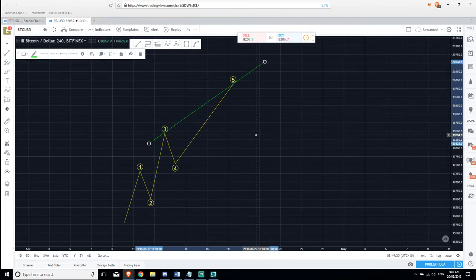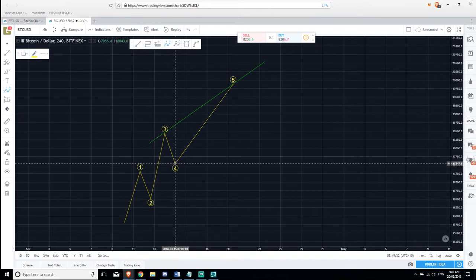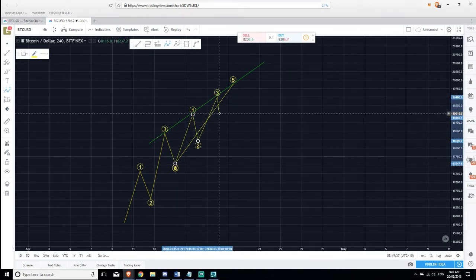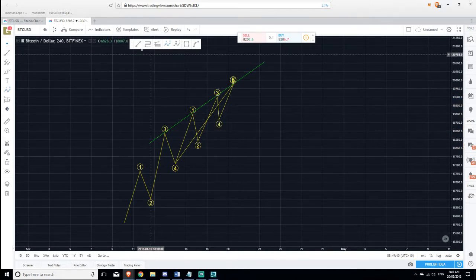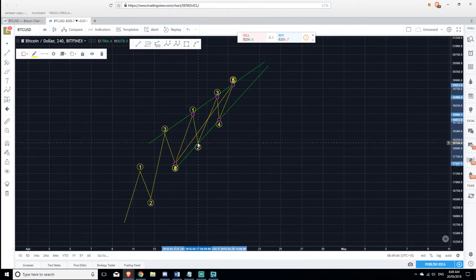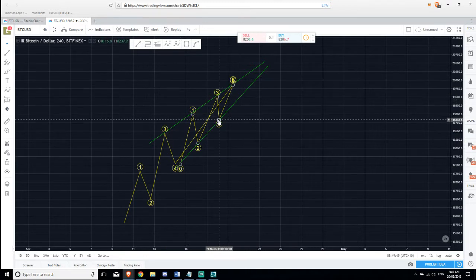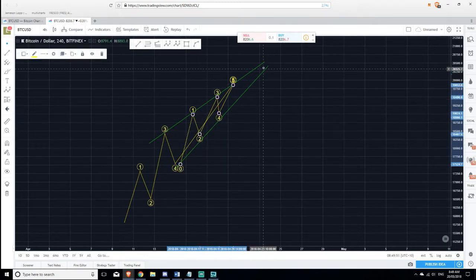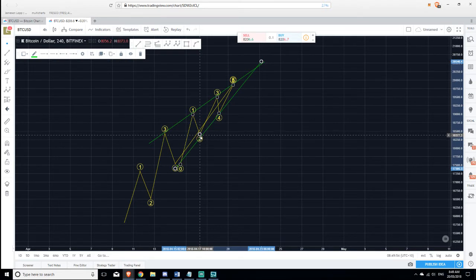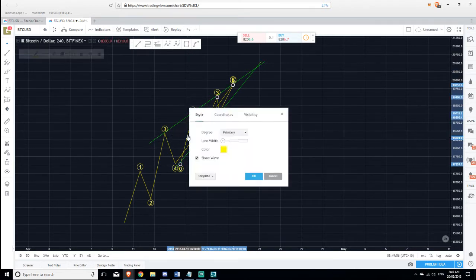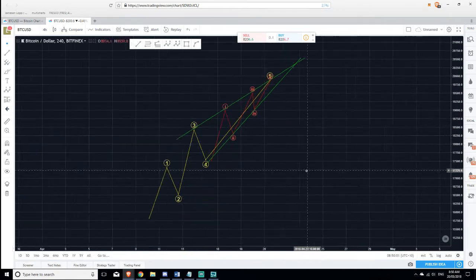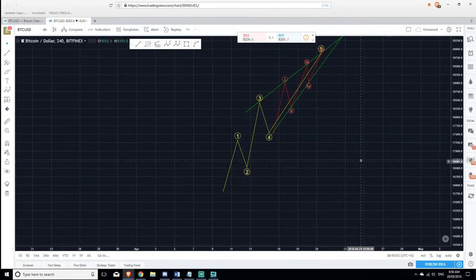So it's usually an extended wave 5, and inside of this wave 5, you'll be forming another wedge. So something like this. This is usually an ending fifth wave diagonal.